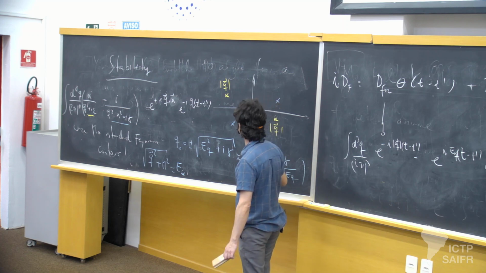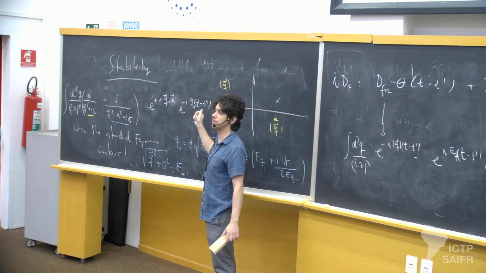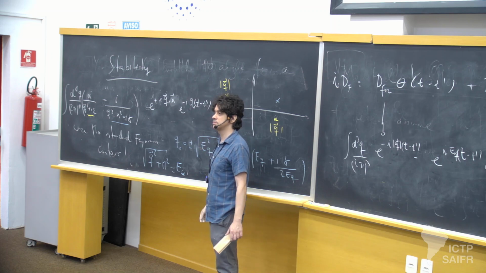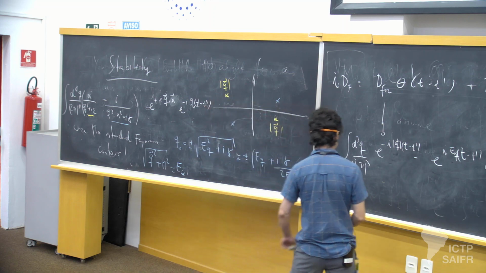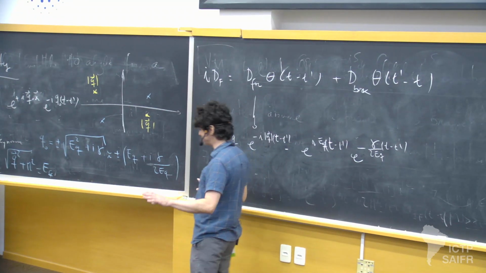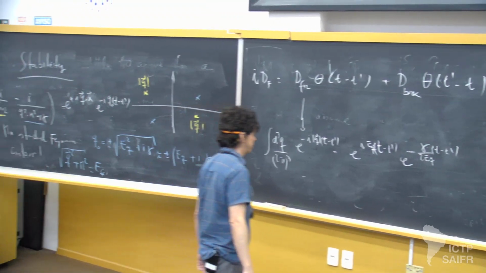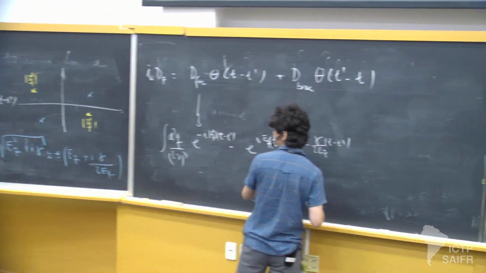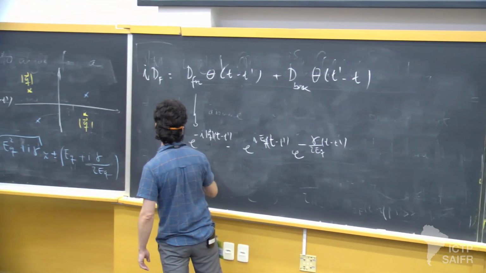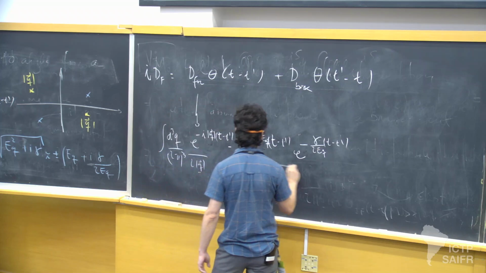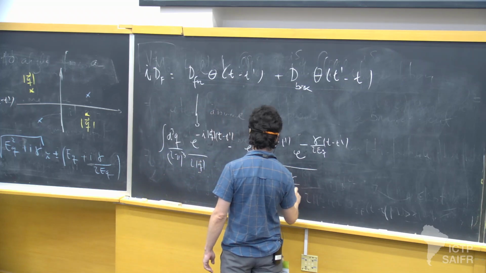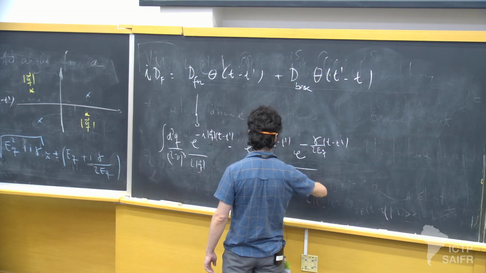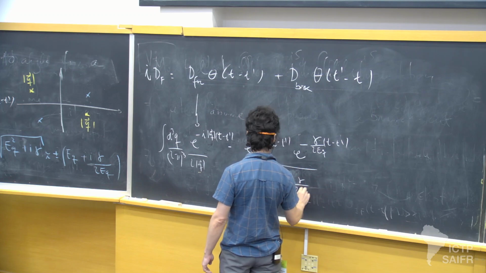So you have plus i, so it's a minus again. You have two i's, of course. And of course, there are also the denominators. I didn't write it, but you can write the denominators, e to the gamma over 3k.